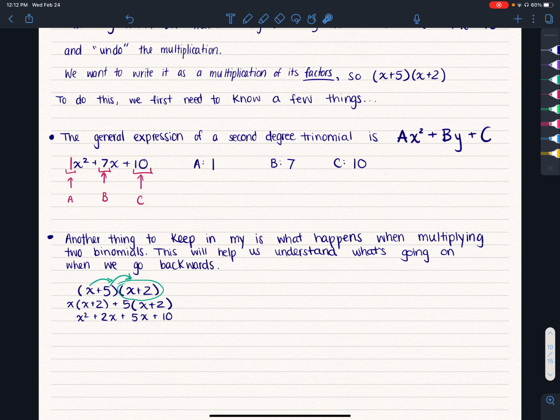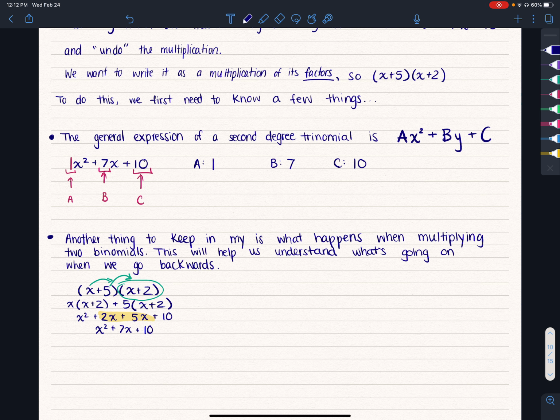The thing that doesn't match at this point is the b portion. We end up with 7x because this 2x and this 5x get added together. So when we do our multiplication, there's a simplification step that happens, those two get added up, and we end up with x squared plus 7x plus 10.